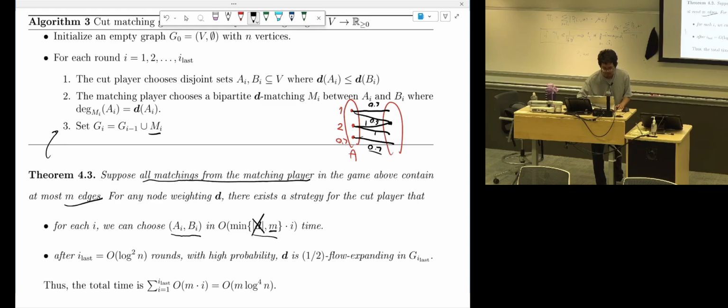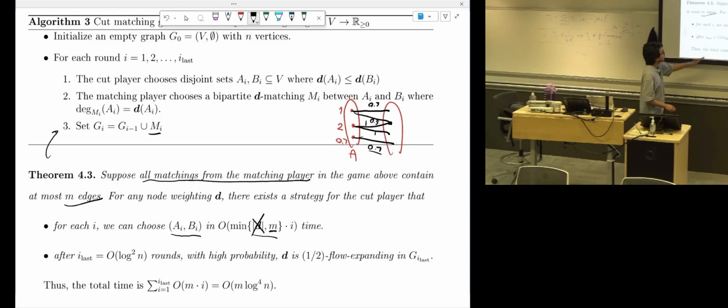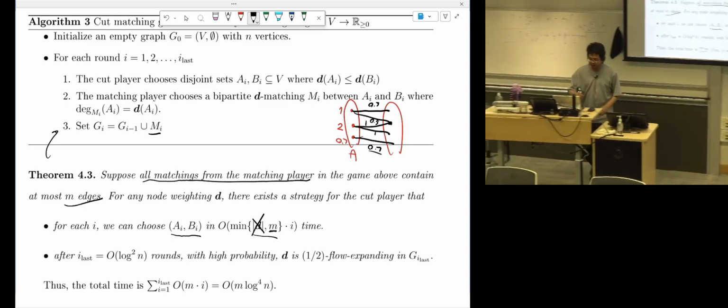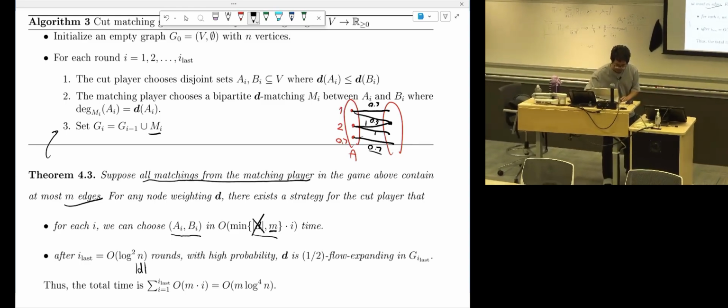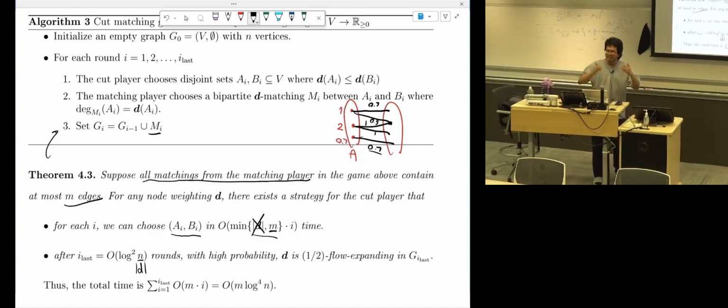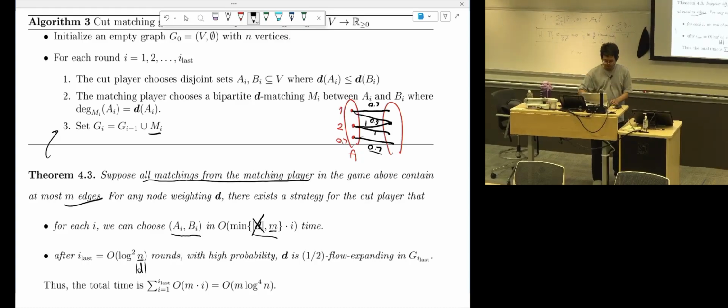So maybe let's say just M. And after log square rounds, note that this is now not D here, this is just N. Even if D is much bigger than N, we're still just going to pay N.